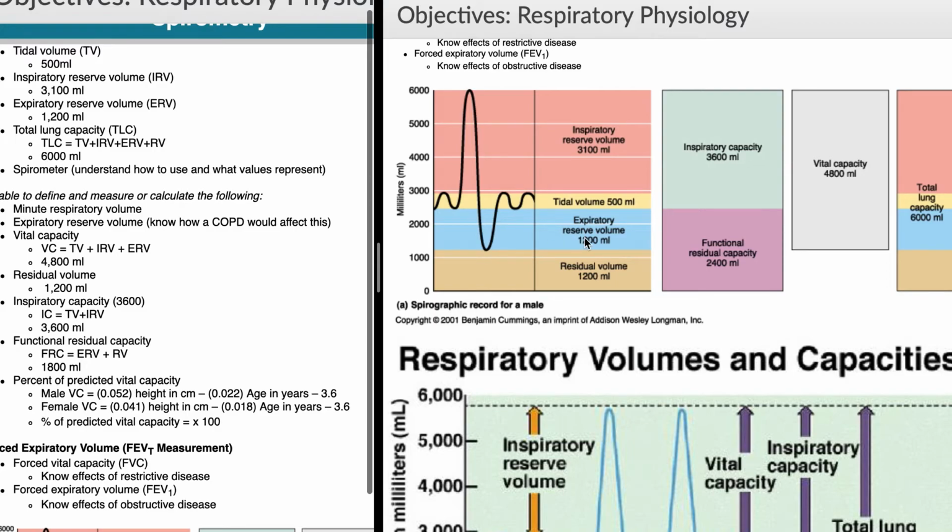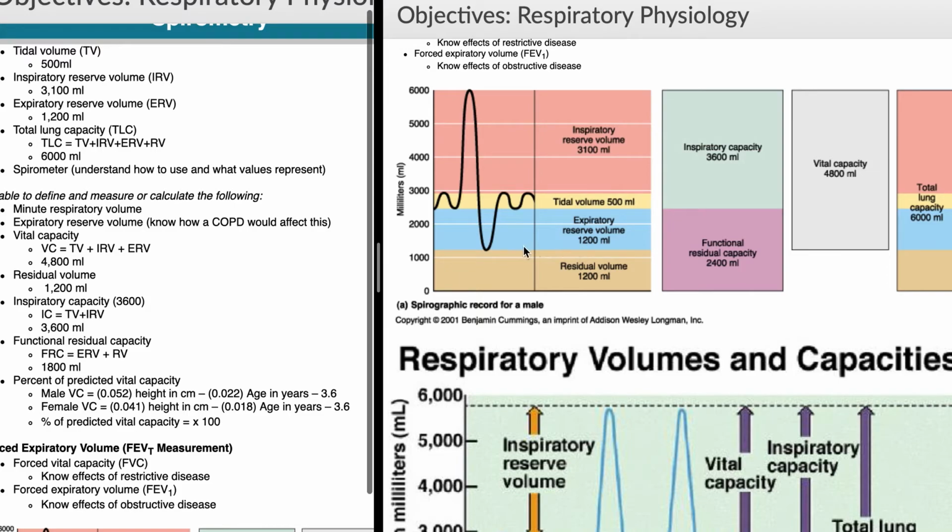Our reference number here is 1,200 milliliters. That's a good average, but I do want you to know these rough numbers. If you miss them by 100 or 200 milliliters, I'm not going to mark you wrong. It'll be sort of loose.